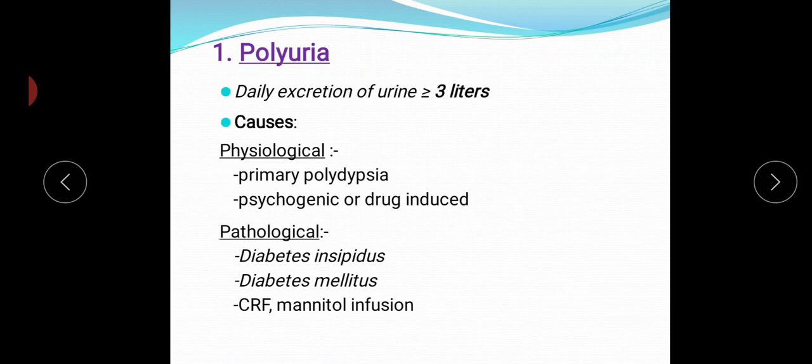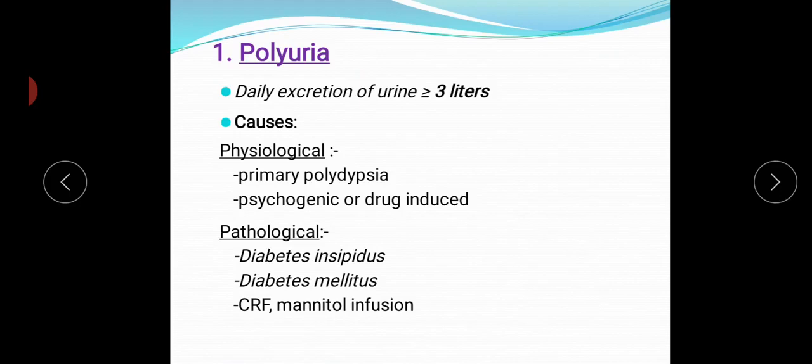There is an excess excretion of water, an excess urine volume output. Diabetes insipidus may be central or nephrogenic. Mainly there will be decreased reabsorption of water from the distal tubules and the collecting duct, either due to deficiency of the ADH hormone or decreased sensitivity to ADH of the receptors present on the epithelial cells of the distal tubules and collecting duct.